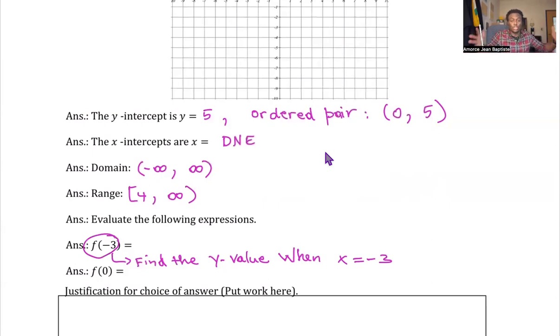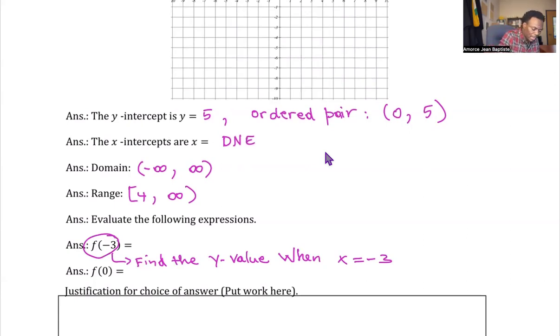It gives you all the ordered pairs, and if it's a continuous function, you will always have an output for a given input. Now, when they say f of -3, they're giving you this input. What would be the output? The output for -3 is f of -3. Output for 0 is f of 0.